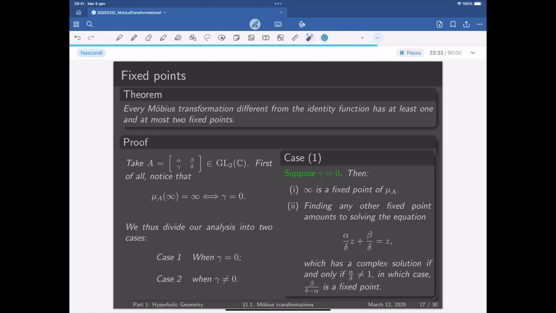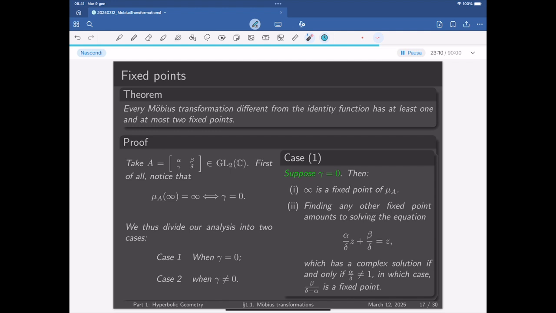Okay, fixed points. Let me see, I have 23 minutes. Every non-identity Möbius transformation has at least 1 and at most 2 fixed points.